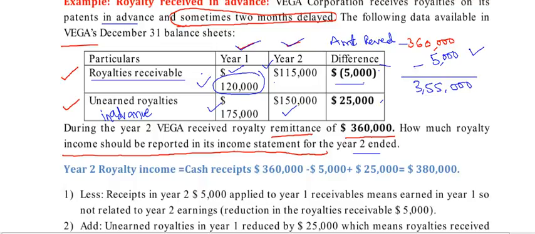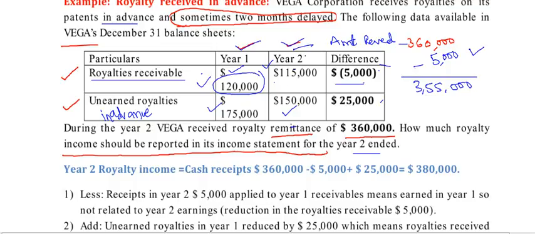So what happened? Unearned royalties means received in advance. Royalties received in advance but not earned. They have to produce goods and services, they have to produce these books and sell them, and only then do they become earned. So the unearned royalties received in advance became reduced from 175 to 150, so that 25,000 was earned in this year.